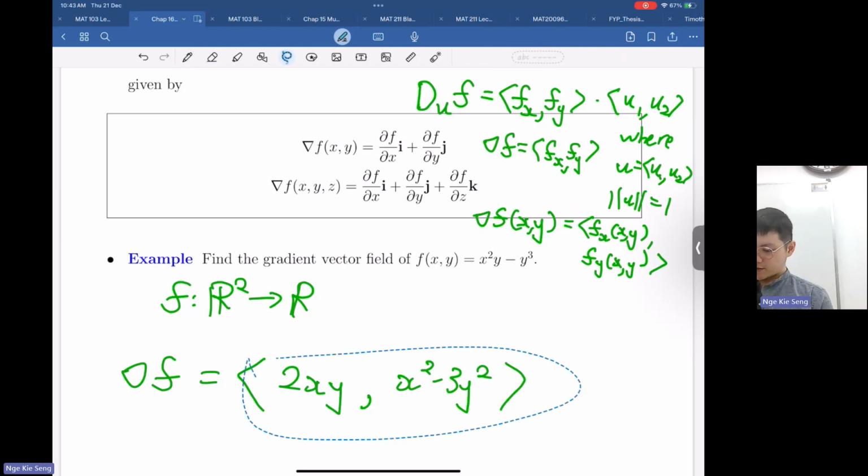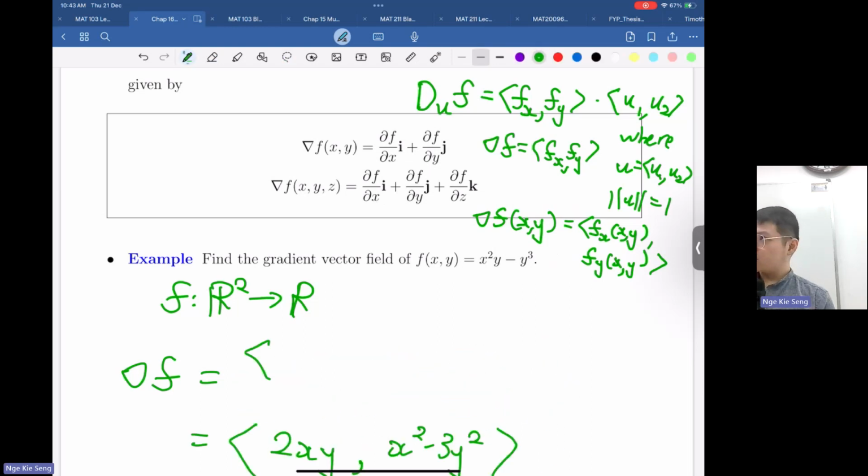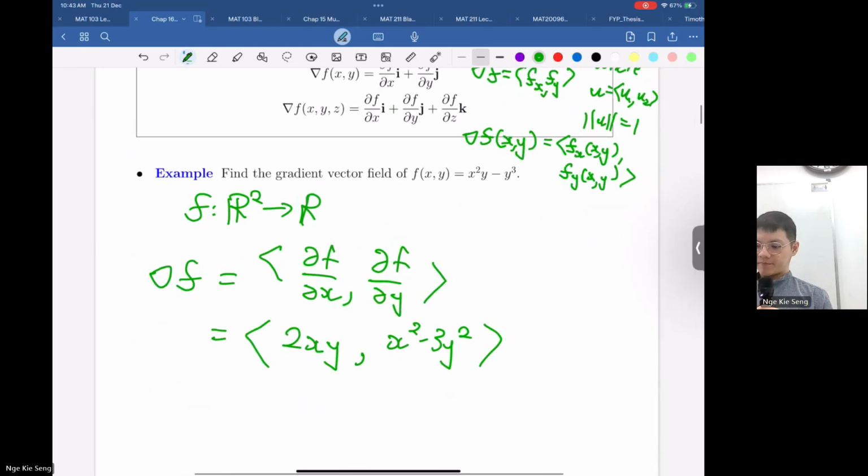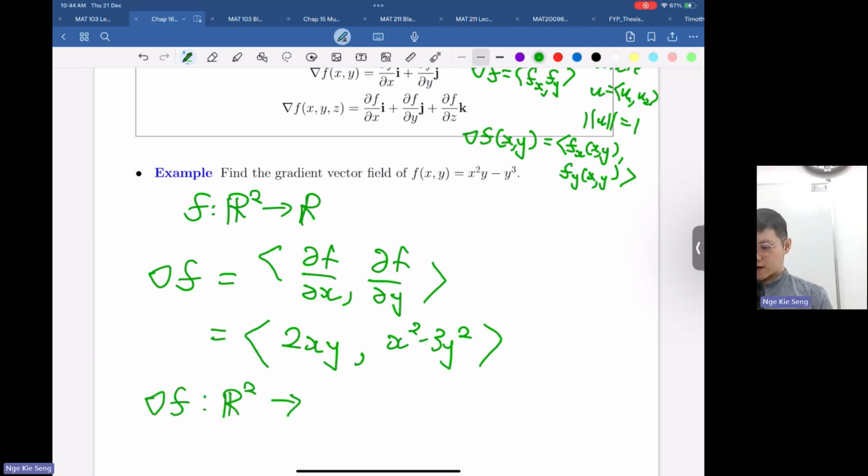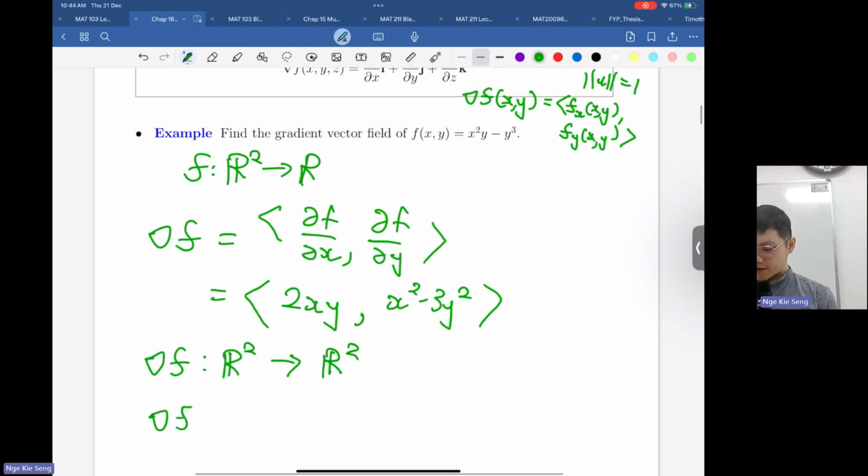This is really del f del x comma del f del y. The point here is that del f is a function from R2 to R2. For example, I feed in, let's say, 2, 1 into my gradient function.